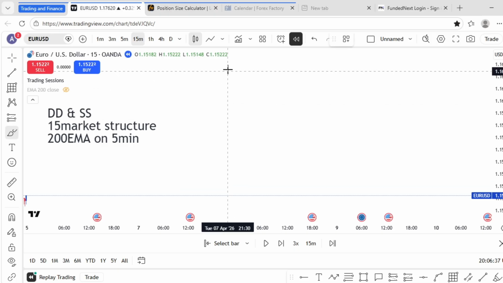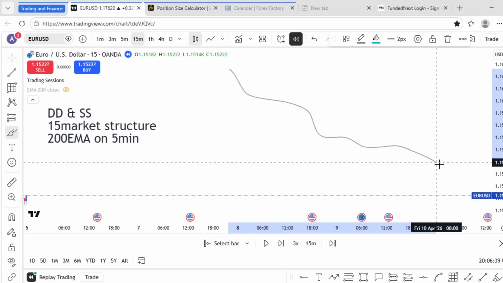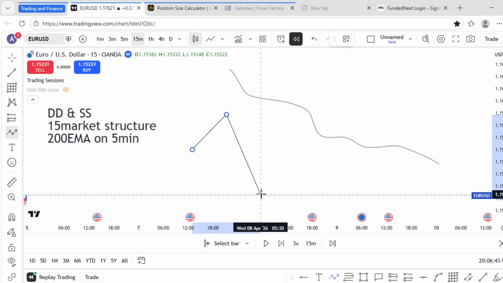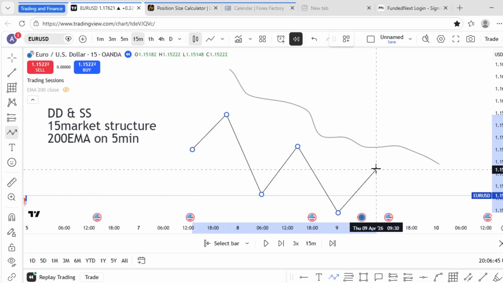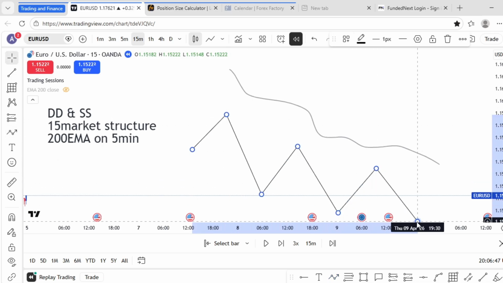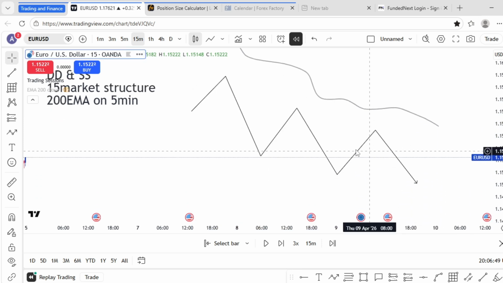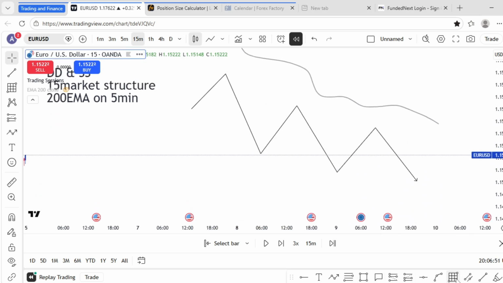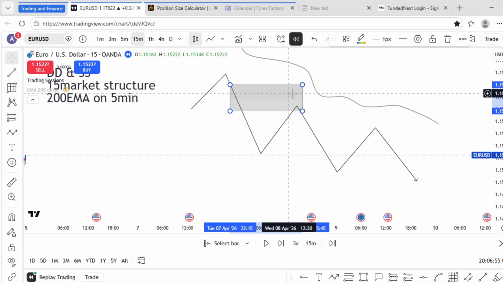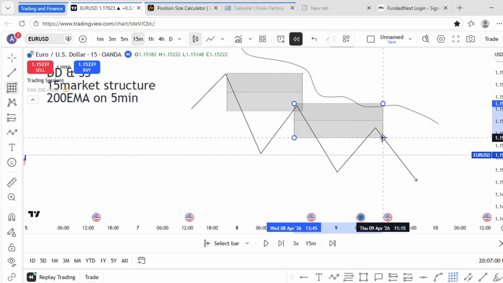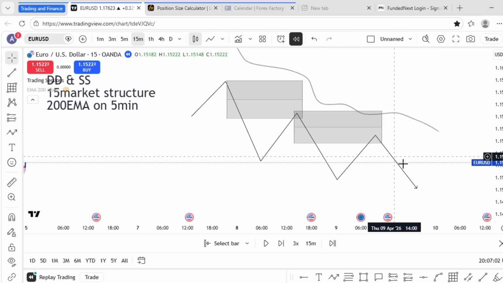If price is below this 200 period moving average, we also want to be looking for what? For sell points. So we only look for demand and supply zones that are selling. So let's say we get a supply zone here to sell, another one here to sell, and we continue like that.